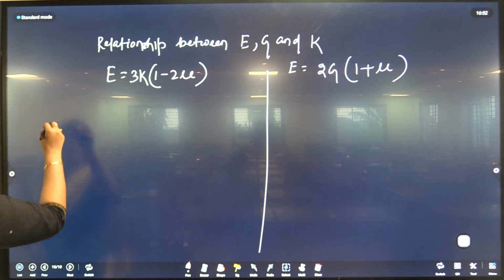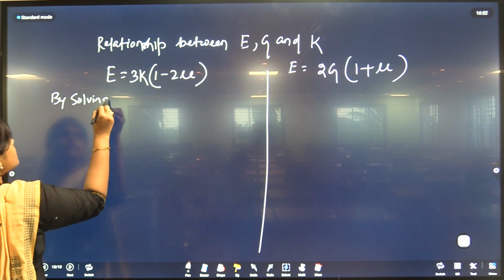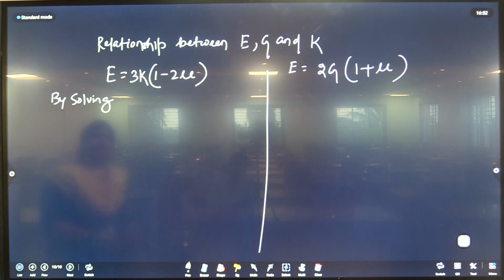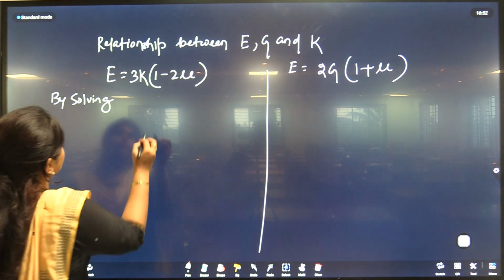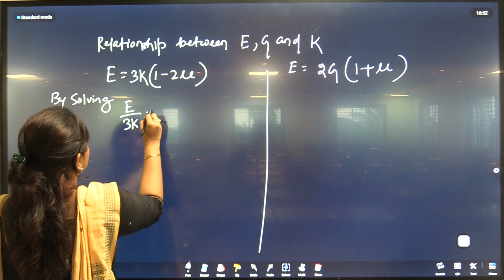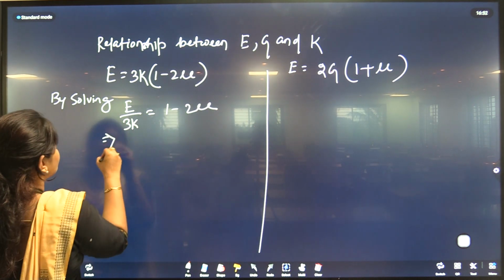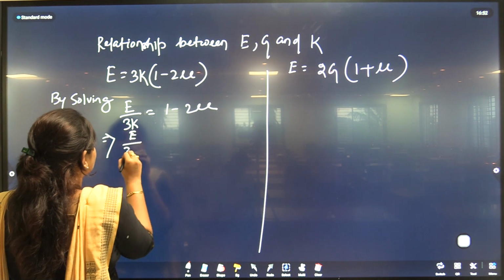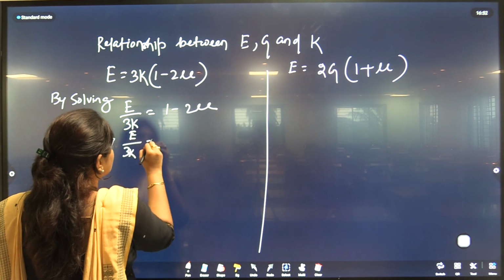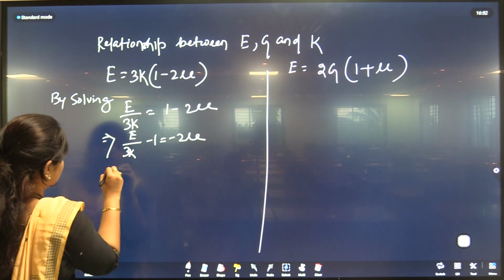By solving these equations, E upon 3K will become 1 minus 2 mu. E upon 3K minus 1 equals minus 2 mu.